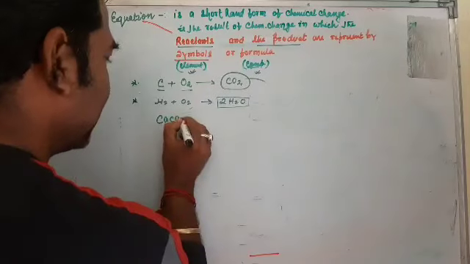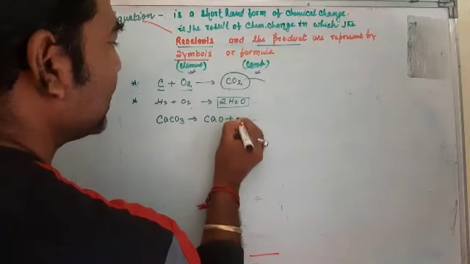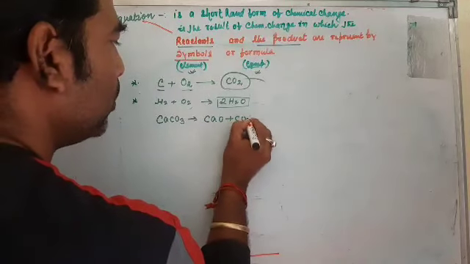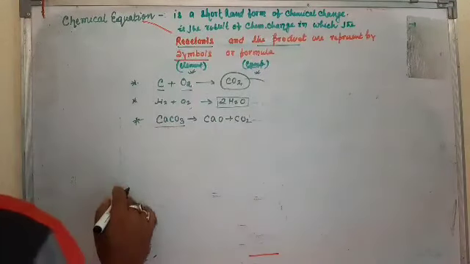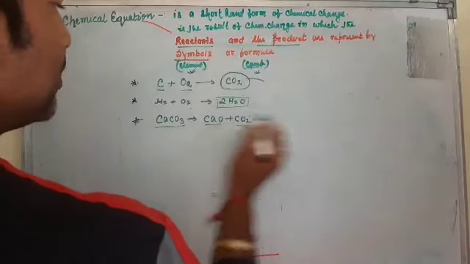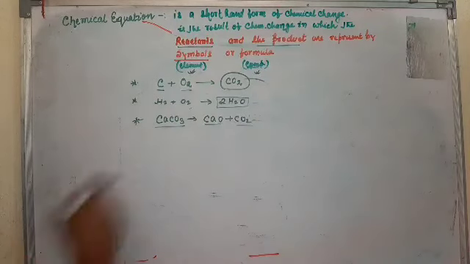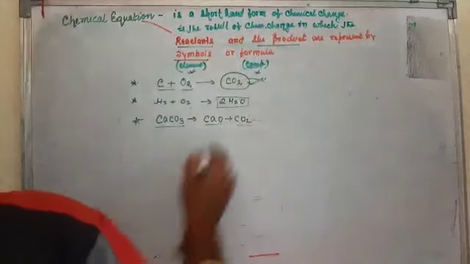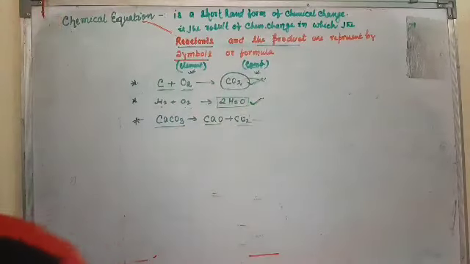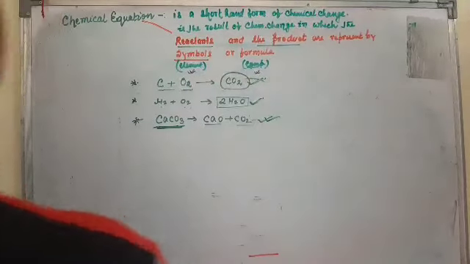Calcium carbonate, CaCO3, on heating becomes CaO and CO2. So this is the reactant, and the products are calcium oxide and carbon dioxide. Here one reactant forms two products.